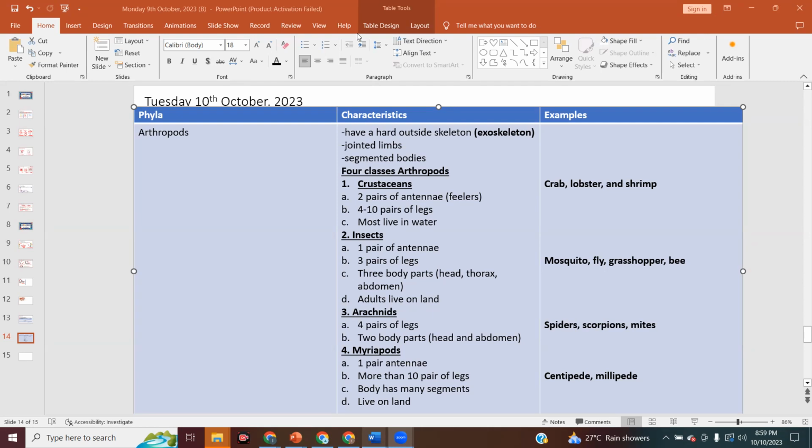Gianna, give me an example of an arachnid. Spiders. Good. I also sent my notes. Yeah, I got it. You can leave. Okay, you did. You can go. Okay, good. You can go as well. Good night.